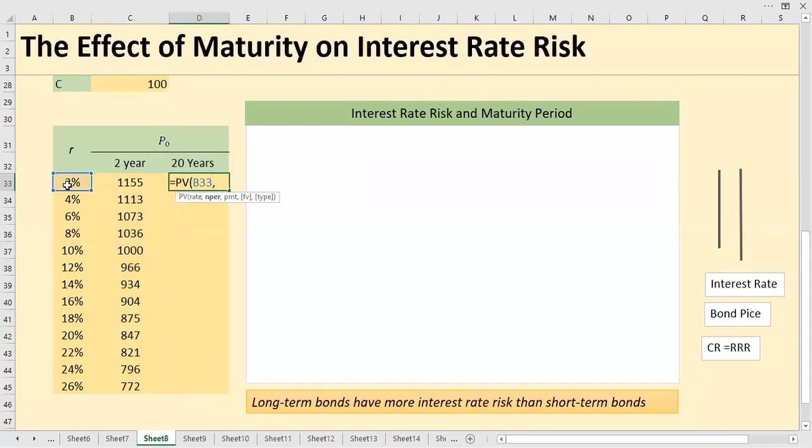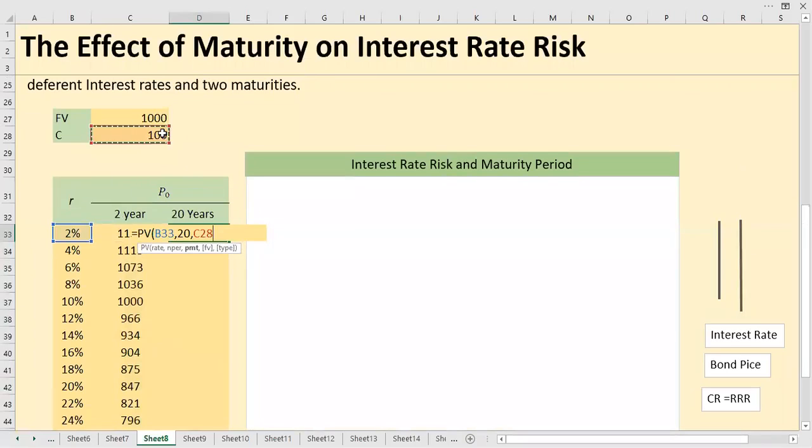Now I am going to change the number of periods, that is 20 years instead of 2, and the payment is 100, face value is 1000, and type is end of the year, 0. Close the bracket. Again, I am going to fix these two values, this one and this one. Enter. So you get the value here, and I'm going to introduce a negative sign here.